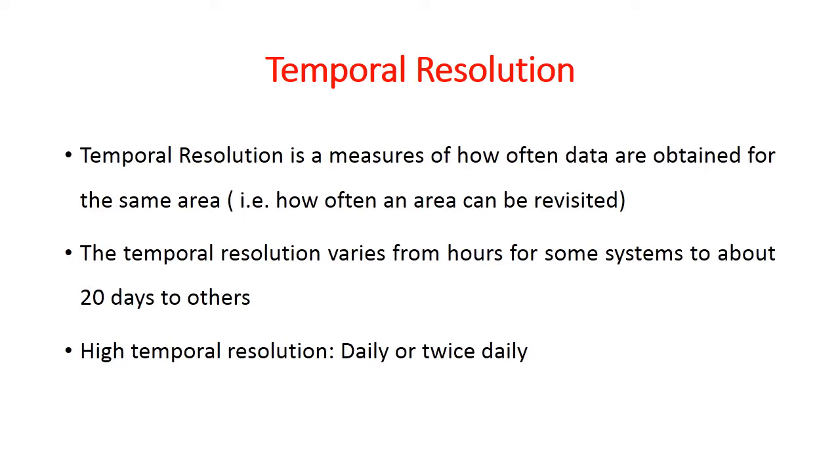The temporal resolution varies from hours for some systems to about 20 days, 30 days for other systems. High temporal resolution means the data is collected daily or twice a day. So temporal resolution means how often the data is collected by the sensor or how often the area can be revisited.